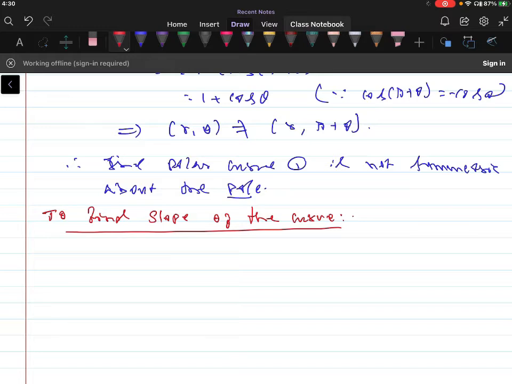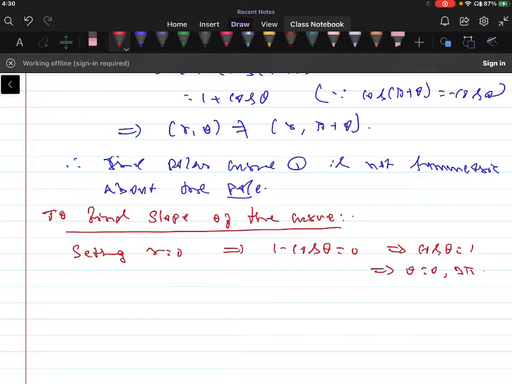So to find the slope of the curve at the origin, set r is equal to 0. So in equation 1 this implies 1 minus cos theta is equal to 0. So this implies cos theta is equal to 1. So this implies theta takes the values either 0 or 2 pi. So we can find the slope at the point theta is equal to 0 and theta is equal to 2 pi.